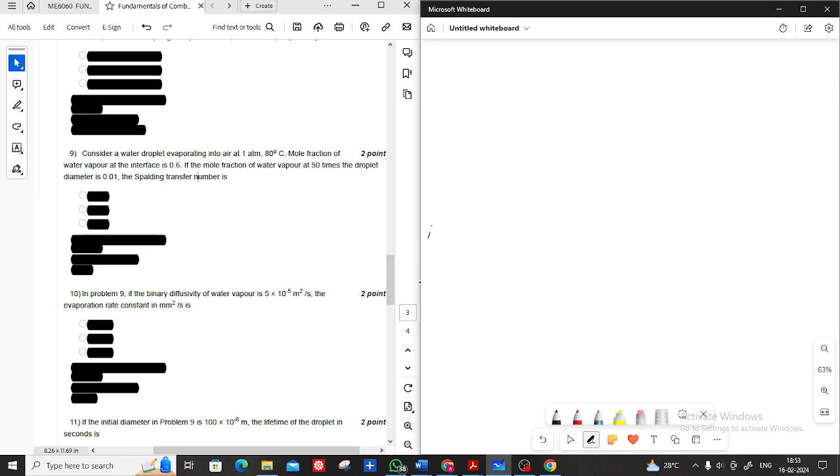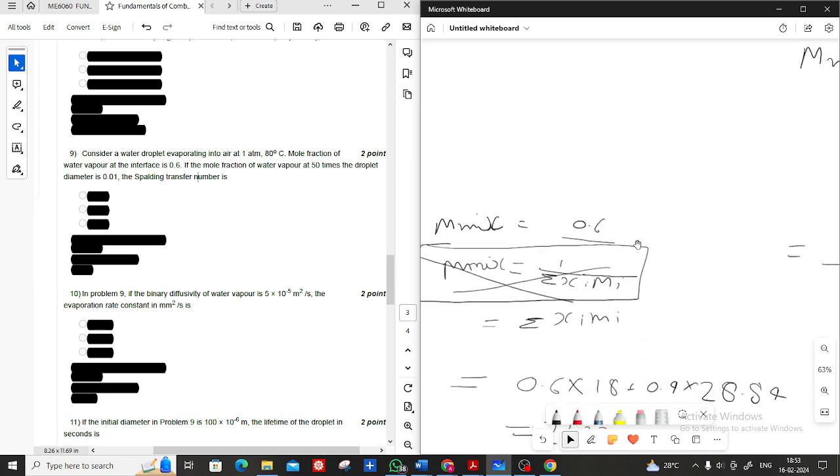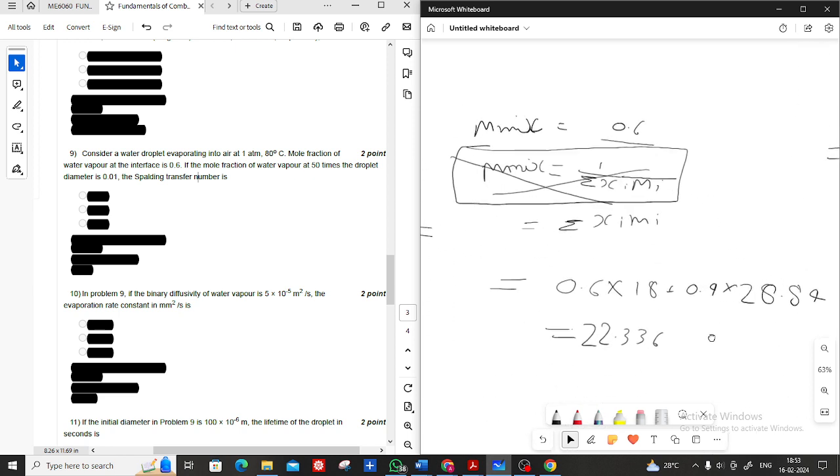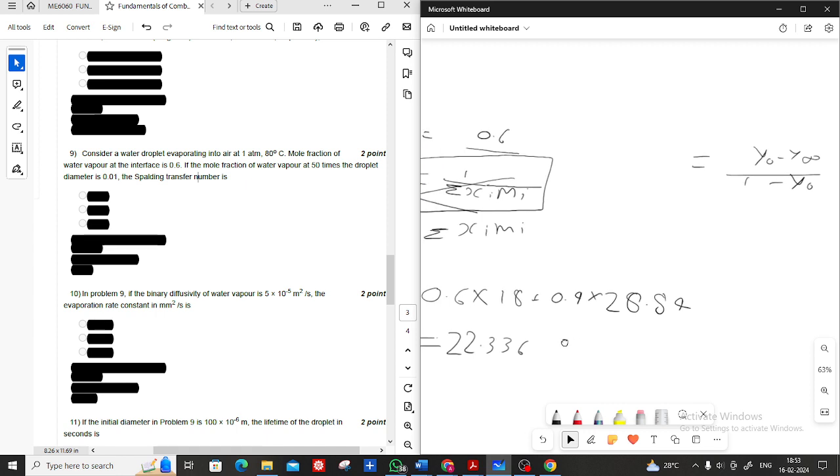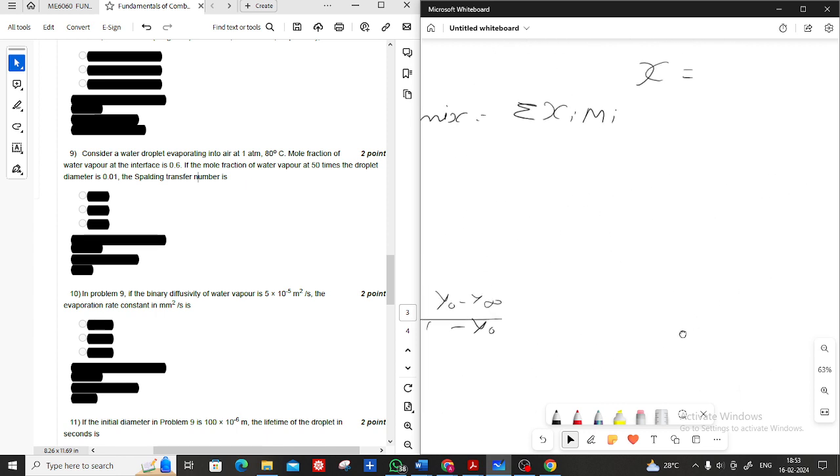So first we will get the mole fraction at the interface, x.